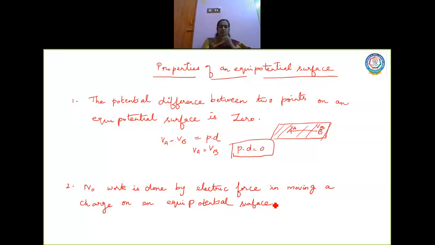Okay, read that point again. No work is done by electric force in moving a charge on an equipotential surface.